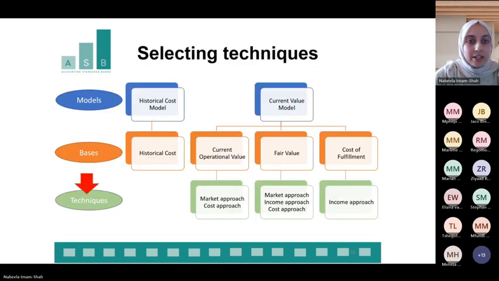Okay, now moving on to selecting the techniques. The measurement techniques are the methods to estimate the amount at which the asset or liability is presented under the selected measurement basis. So here there are three techniques. It's the market approach, the cost approach, and the income approach.